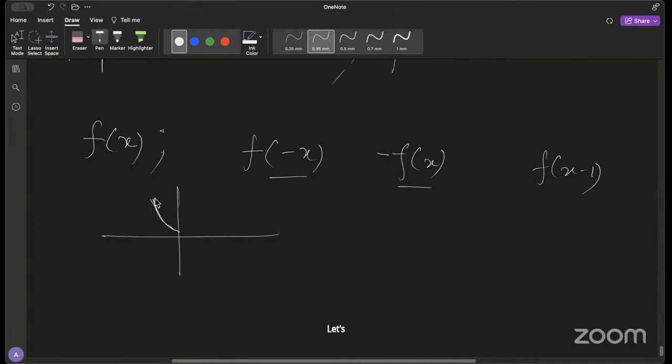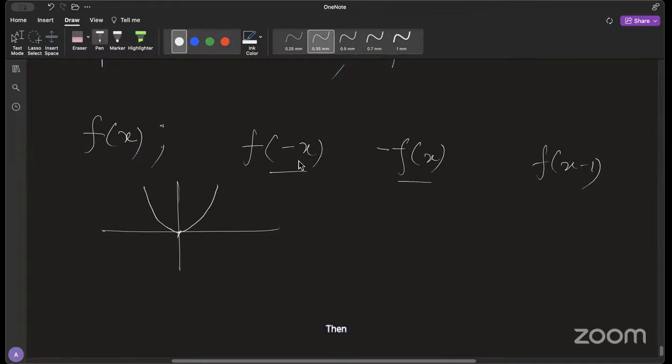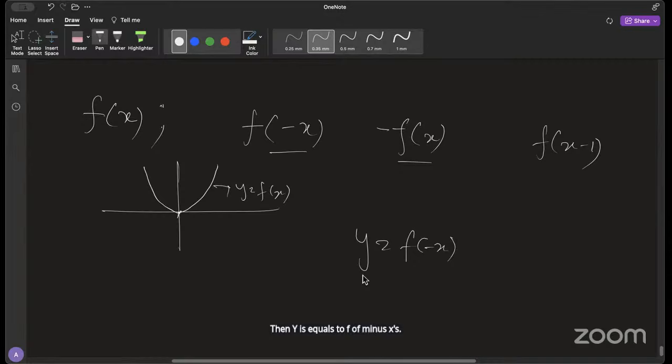Let's take a parabola which passes through the point (0, 0). So if this is y equals f(x), then y equals f(-x) is the reflection about the y-axis.